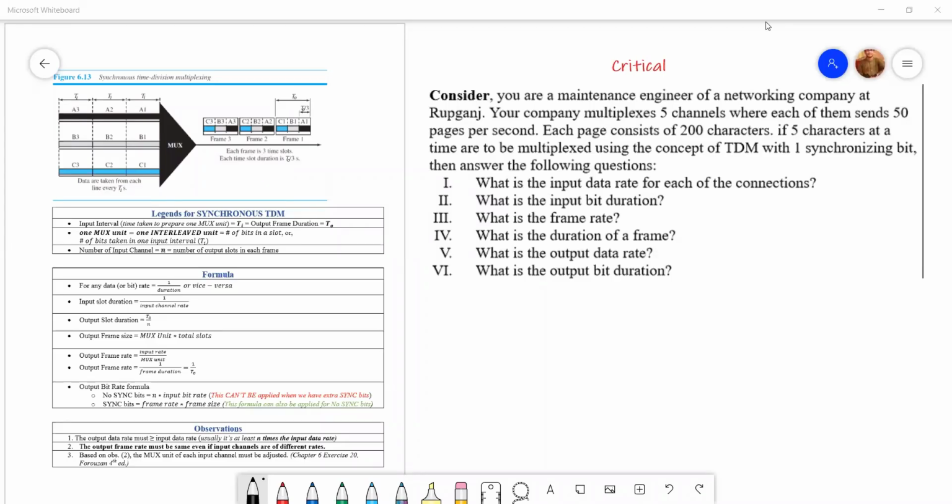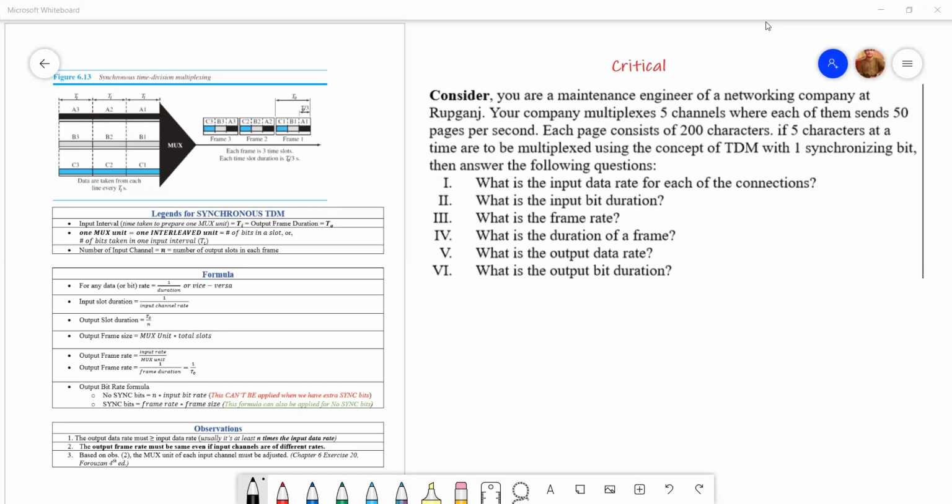Now the math number 5, this is basically a little bit of critical math, because now you have to consider so many things. You not only use these formulas, but you also have to connect the relationship between the formulas, and you also have to use different kinds of unit conversion, because sometimes the bits will not be given directly.